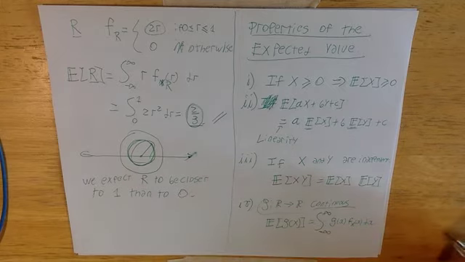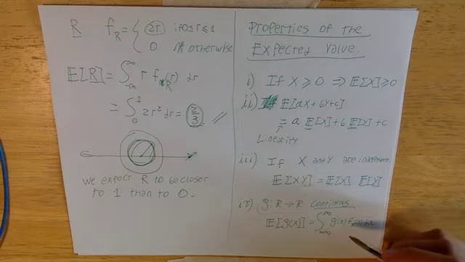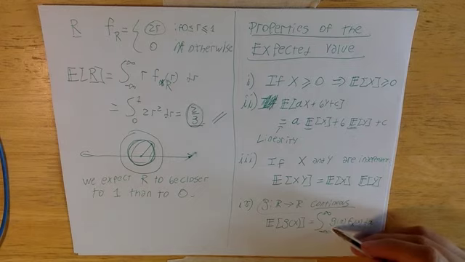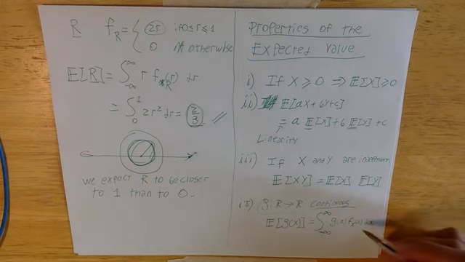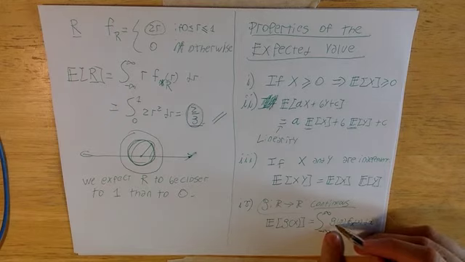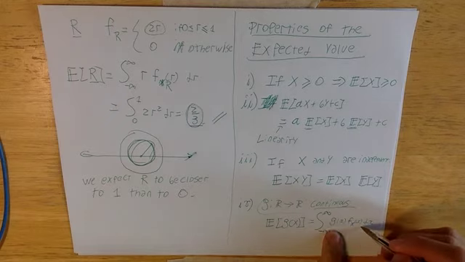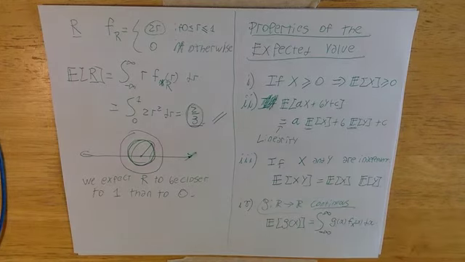We did this for discrete random variables, but you can do it also for continuous random variables and get the same expression. So if you want to calculate this, you can look at this expression here.